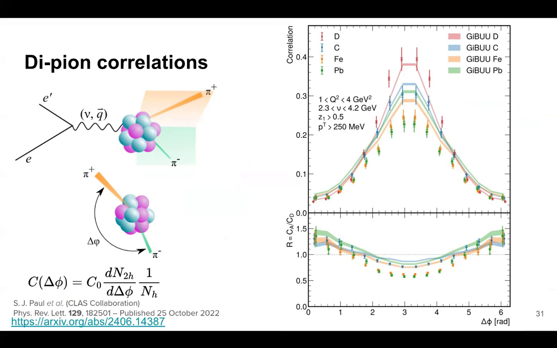If you were able to interpret this data in terms of quarks and their PTs, the transverse momentum, then this width would be sensitive to that, just like the PT of a single hadron is sensitive to it.